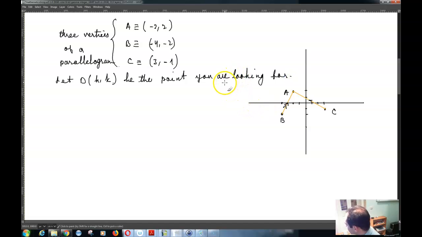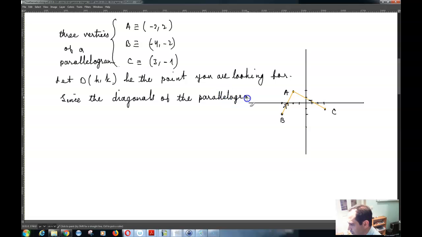Now, since the diagonals of the parallelogram must bisect each other, the midpoint of AC must be the same as the midpoint of BD.